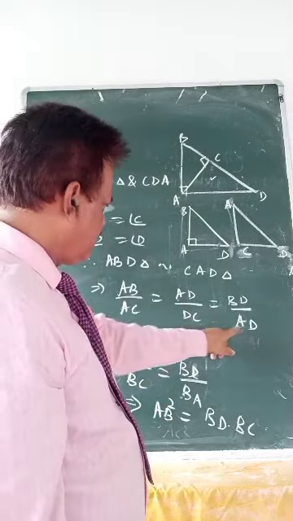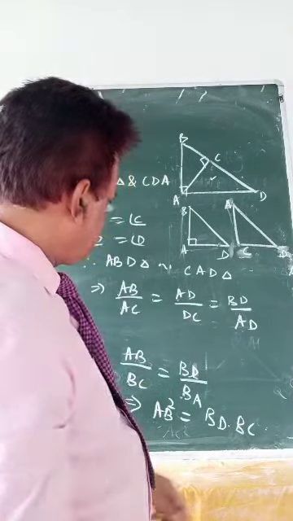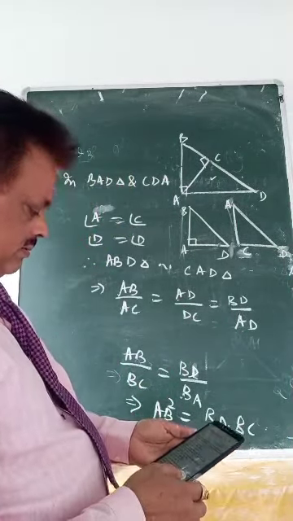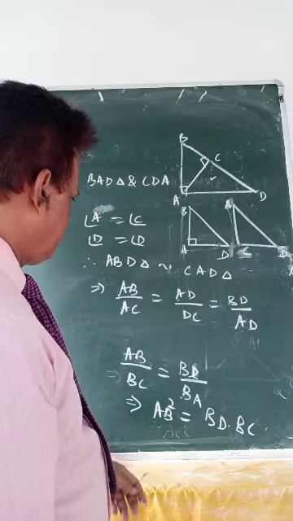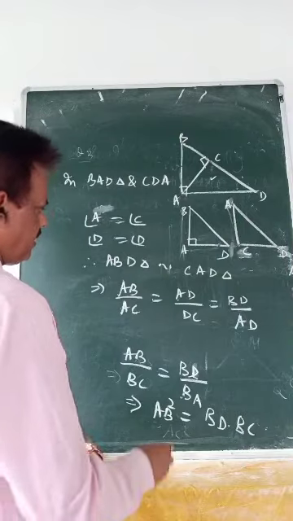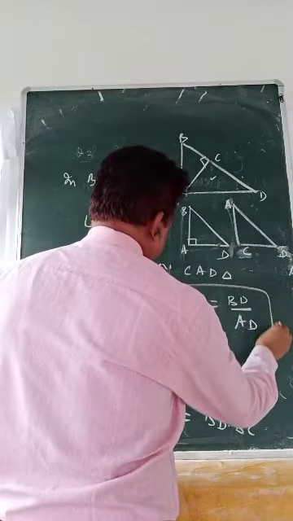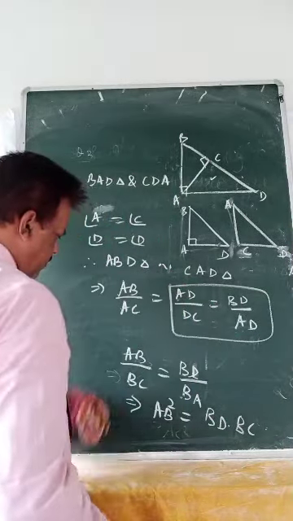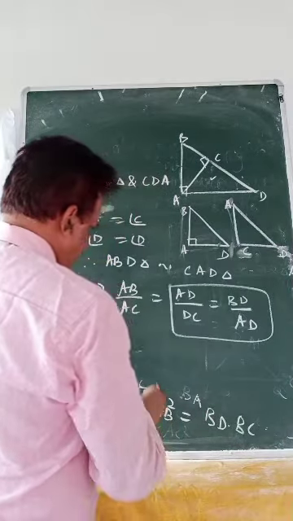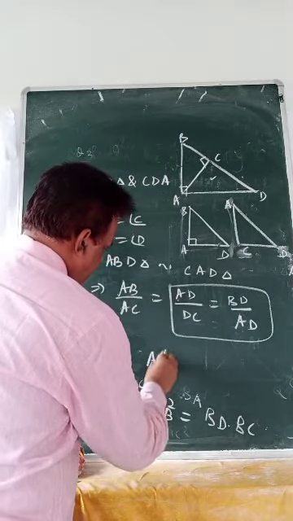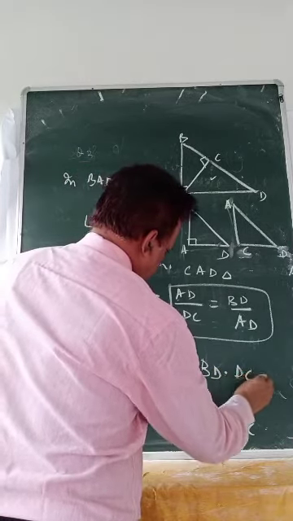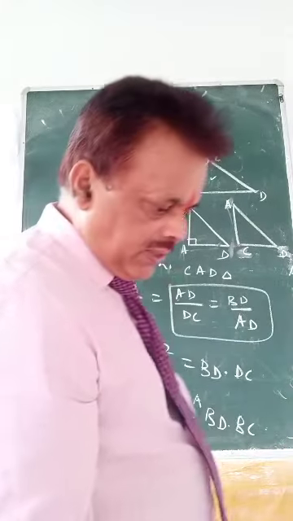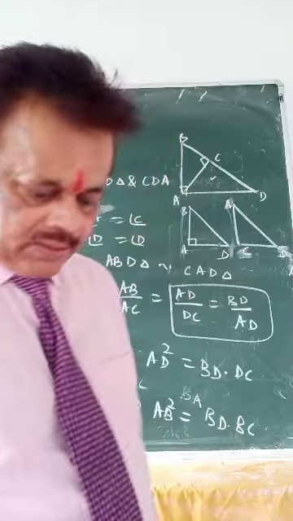AD square you are getting. So if I take these two, what will you get? AD square equals BD into DC. Third part is proved. Okay, second part.